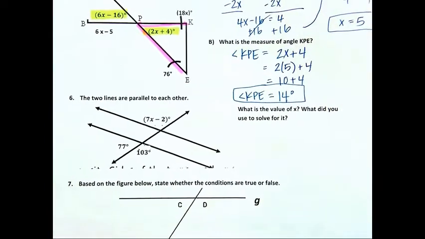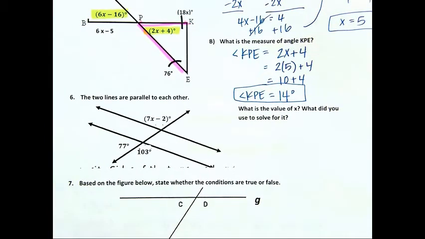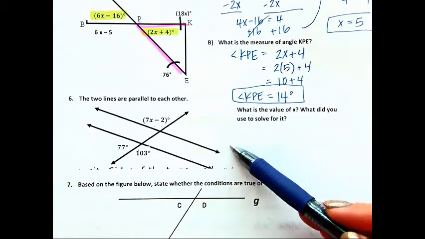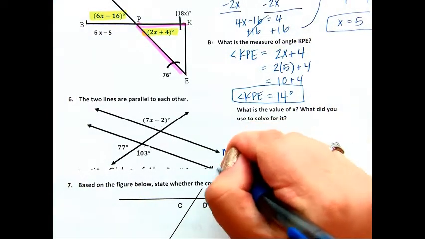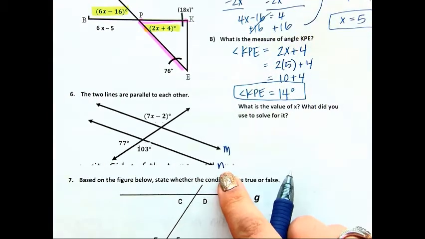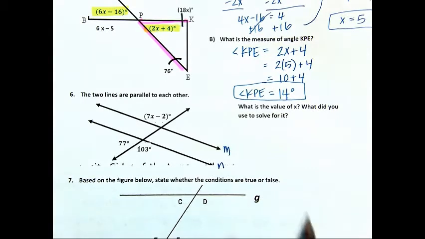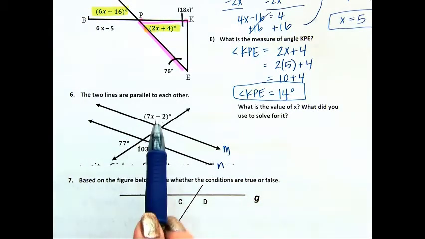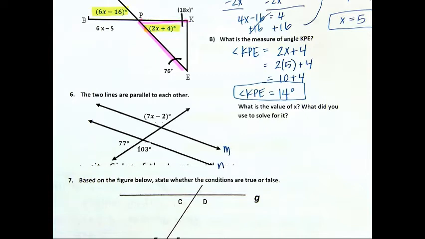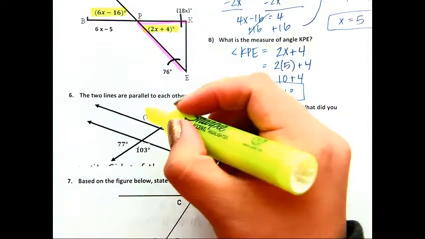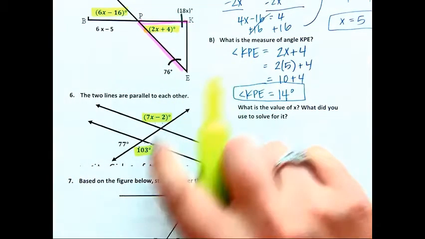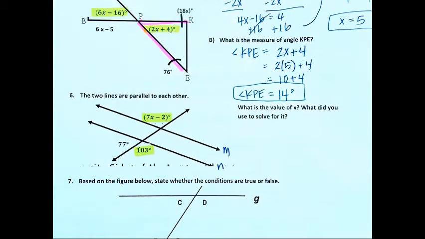Number 6, the two lines are parallel to each other. They're referring to these two lines. You can think about this as M and N. So, looking back, we can recognize that we have alternate exterior angles. These two angles are on the exterior, and we know that they're congruent to each other.